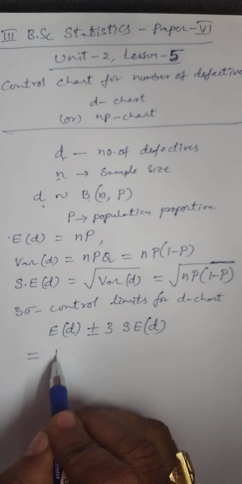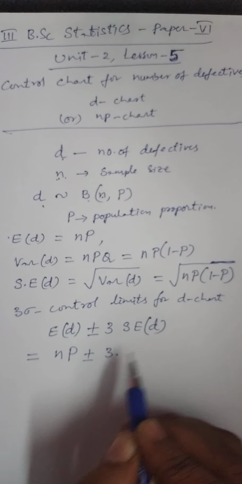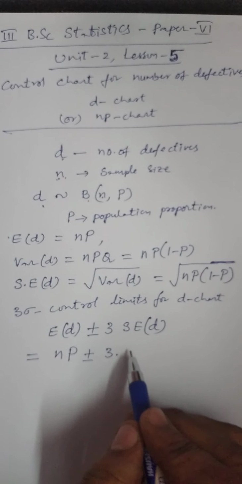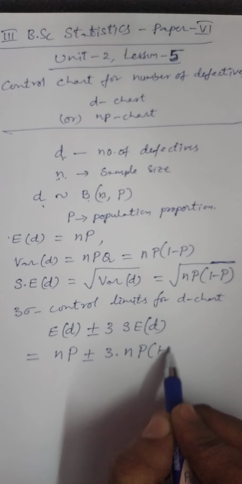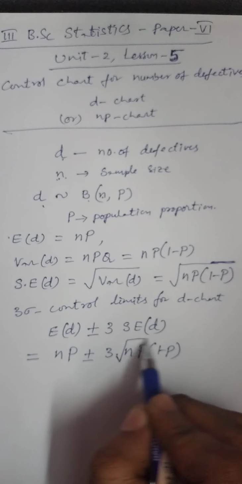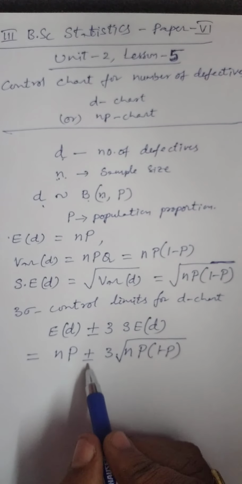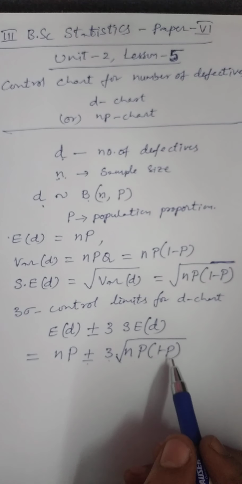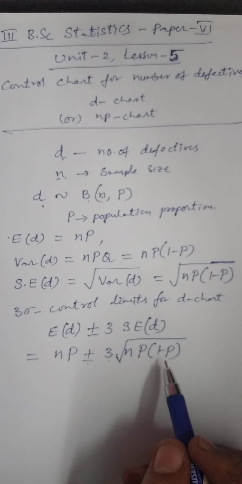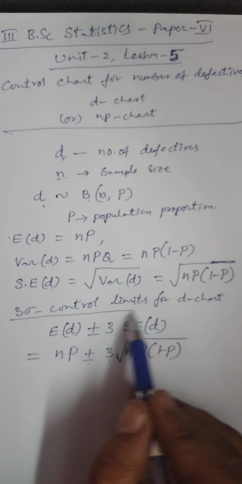Expectation of D is n into capital P plus or minus 3 into standard error of D, which is square root of NP into 1 minus P. So NP plus or minus 3 into square root of NP into 1 minus P. This is the formula for 3 sigma control limits of D chart.